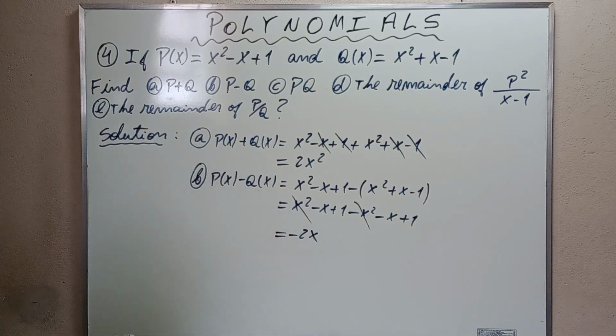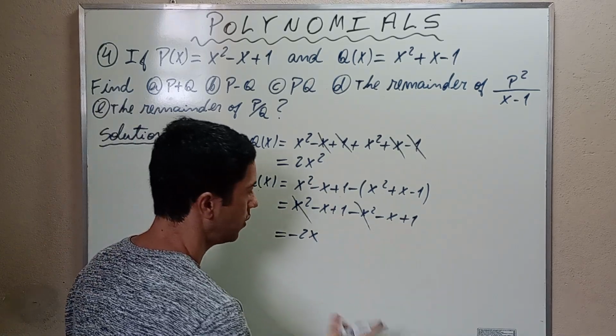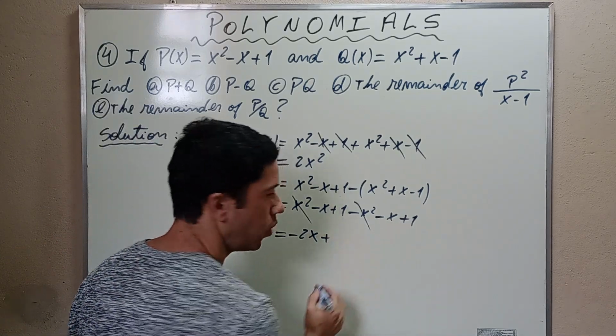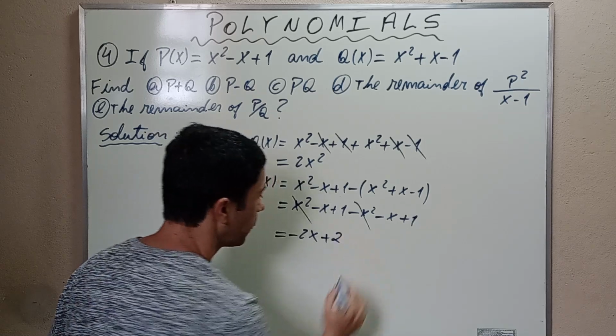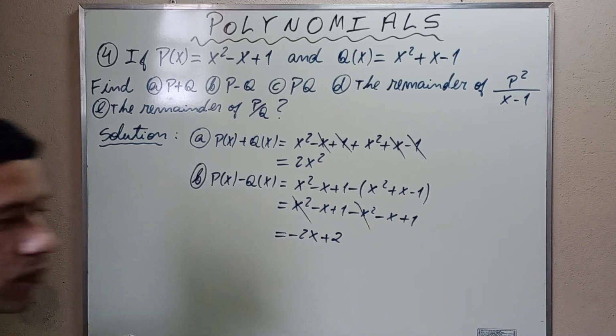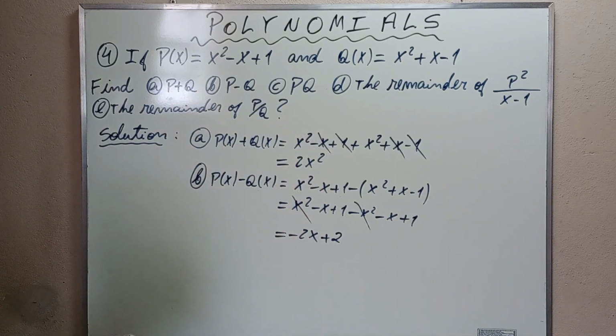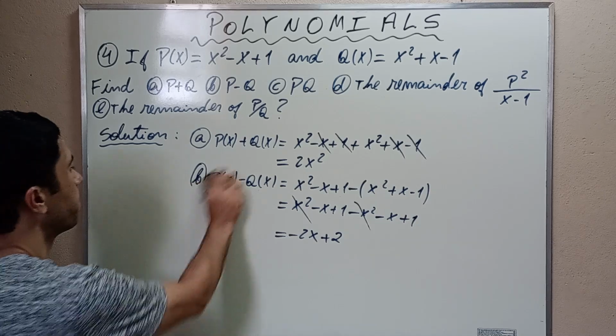Okay? And observe that we have 1 plus 1. 1 plus 1 is 2. Then the solution of letter B is negative 2x plus 2. Okay? This is all for letter B. Let's go to letter C now.